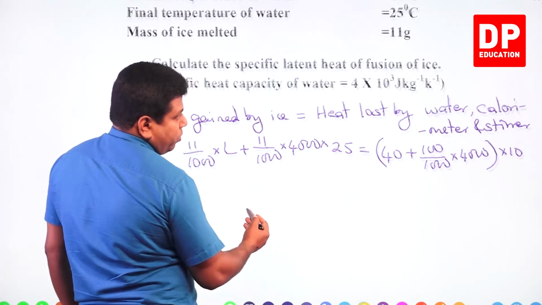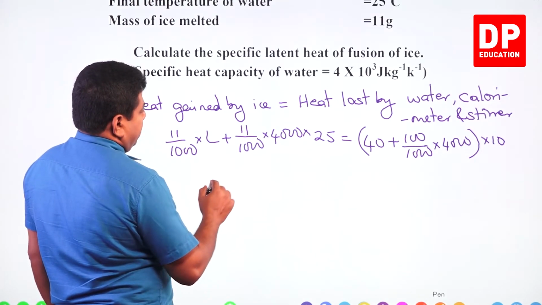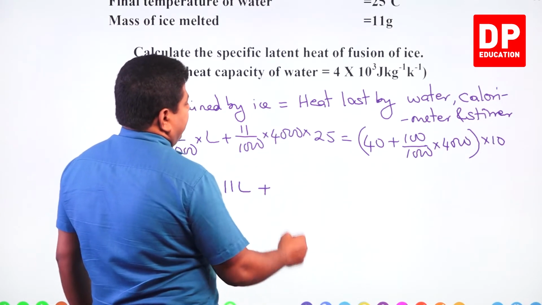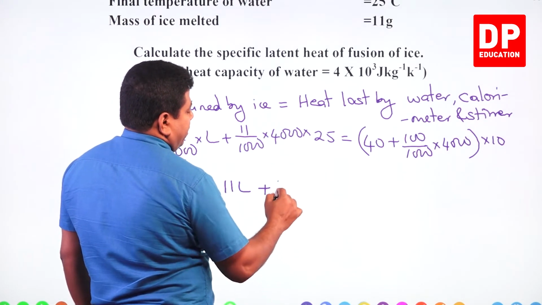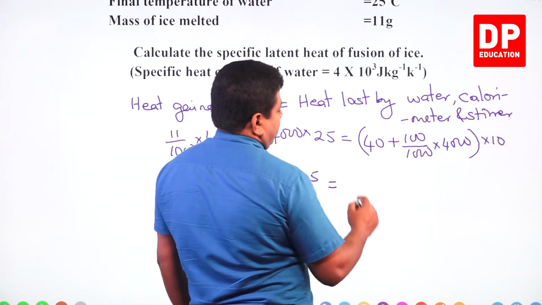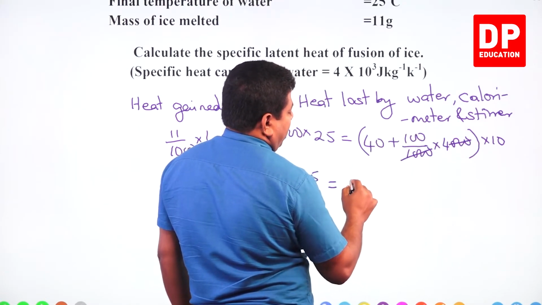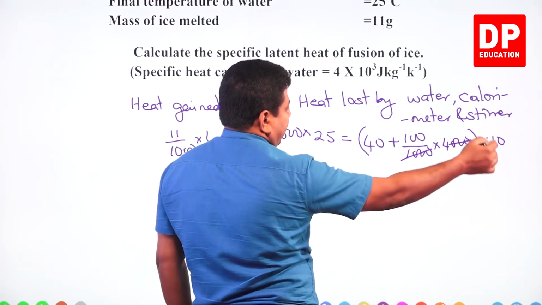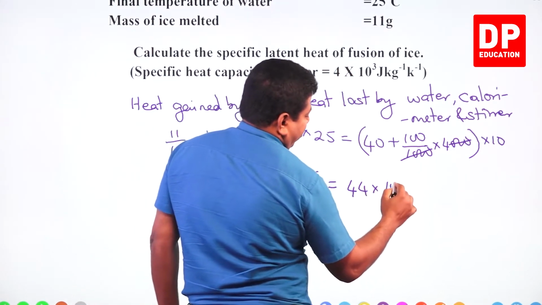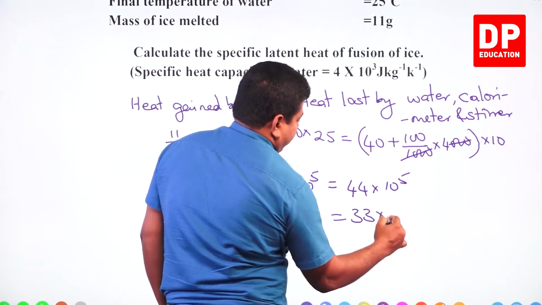Let's try to solve this. If I say 11L plus, I multiply by 1000, then here you will have 100,000, that is 11 into 10 to the power 5. This is 440, so 44 into 100. 10 is there, I took another 10 out, 100. The 1000 from here goes up, so 10 to the power 5. 11L will be 33 into 10 to the power 5.